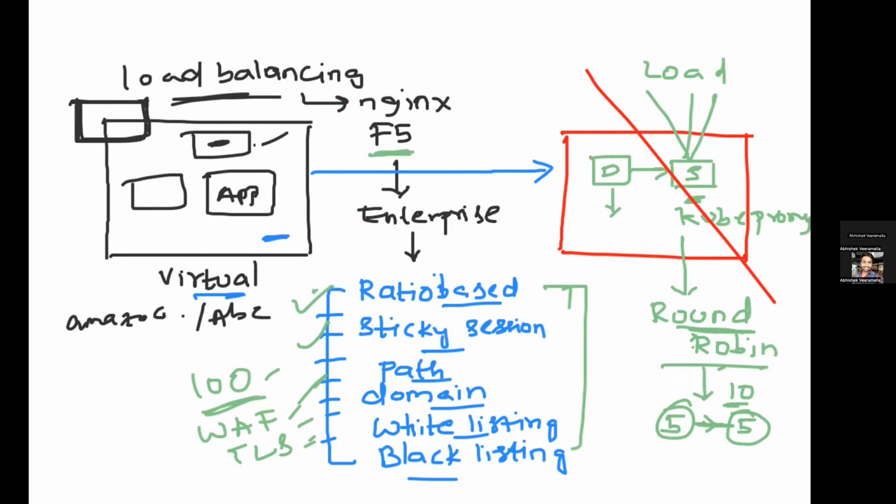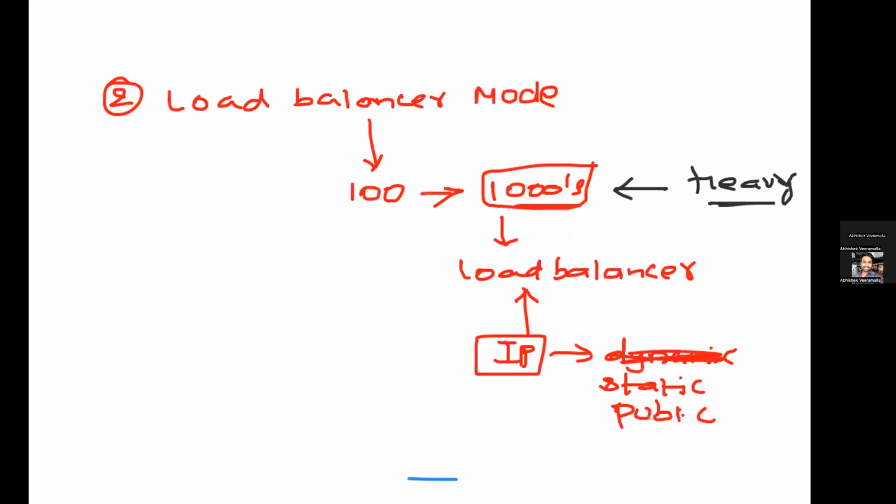If it is coming to /xyz, go to app2. And they only used to expose this load balancer with a static public IP address. So here they just have one IP address which they are getting from the cloud provider, or even within their organization, they are only exposing one specific IP address. Whereas here, you are exposing thousands of IP addresses and you are getting charged. So this is problem number 2.